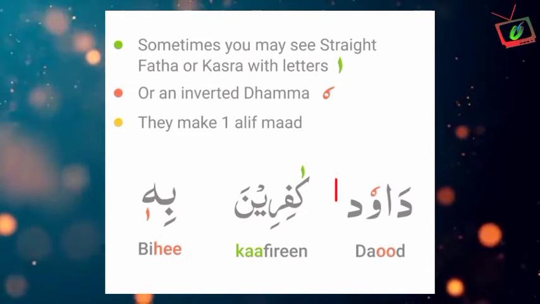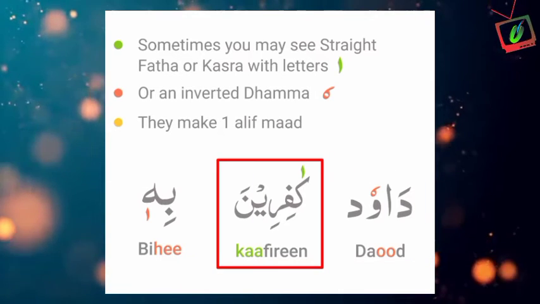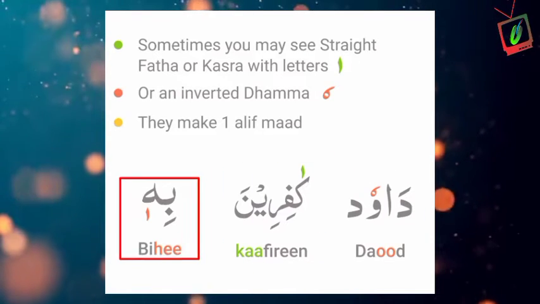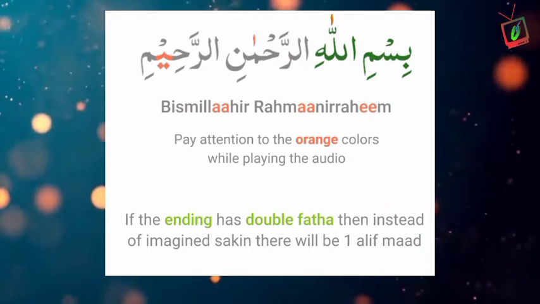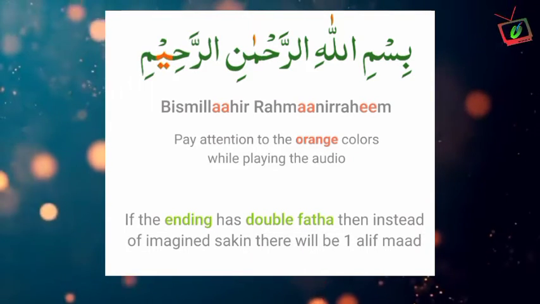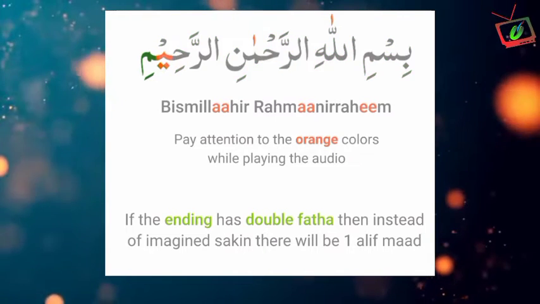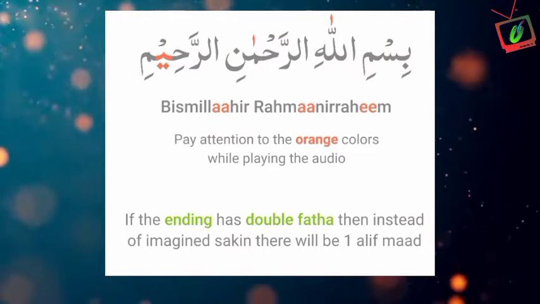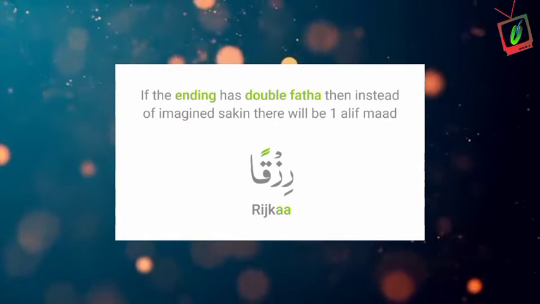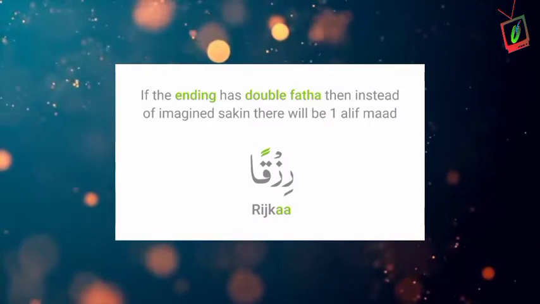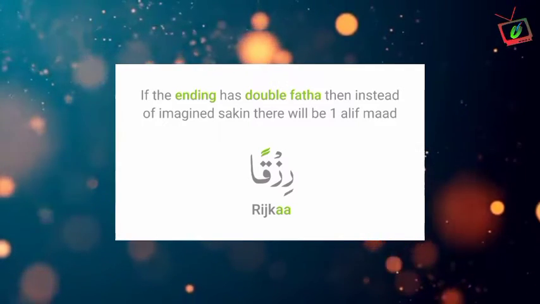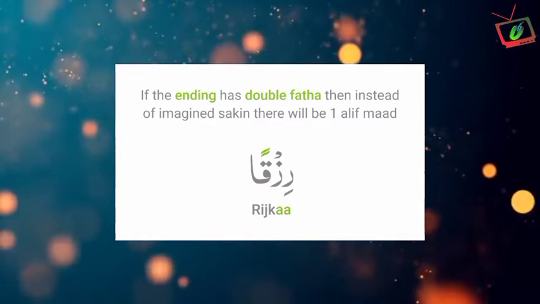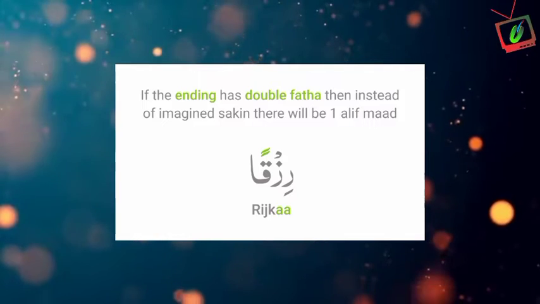Example, Daud, Kafirin, Bihi. Another example is Bismillahirrahmanirrahim. The orange color there is the mad. When there is an emergent sakin, that is, if the ending has double Fatah, then instead of emergent sakin, there will be 1 Alif Mad instead.